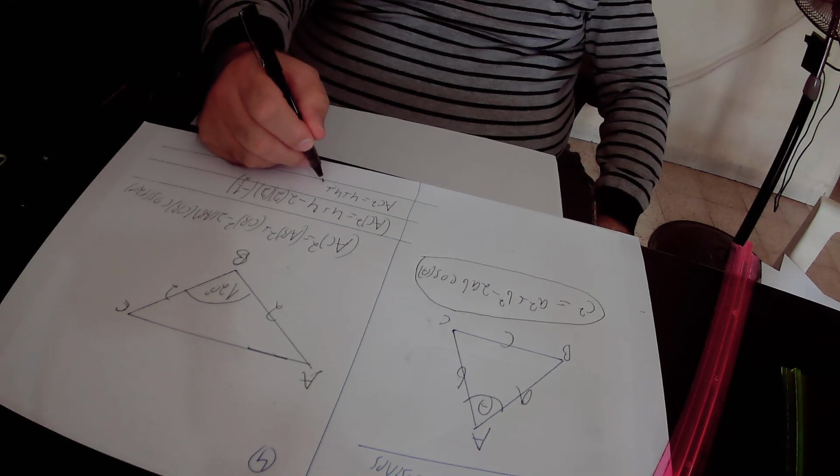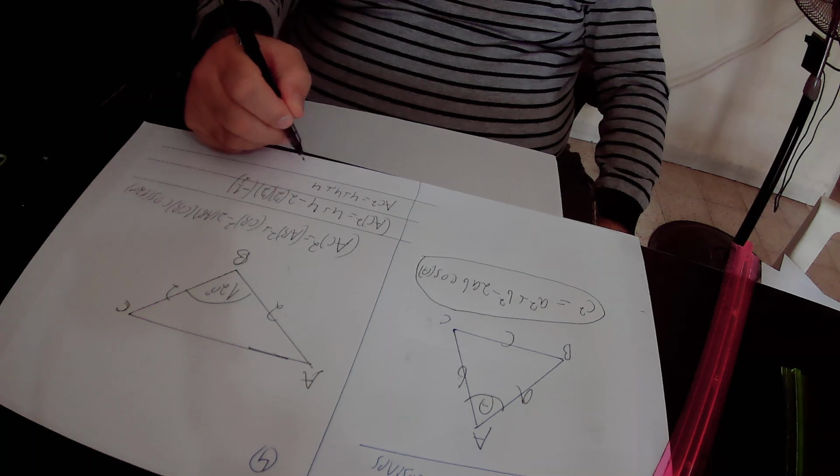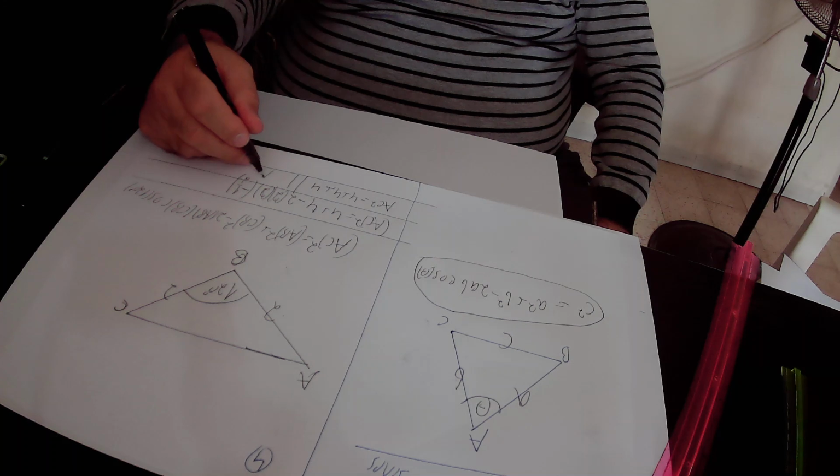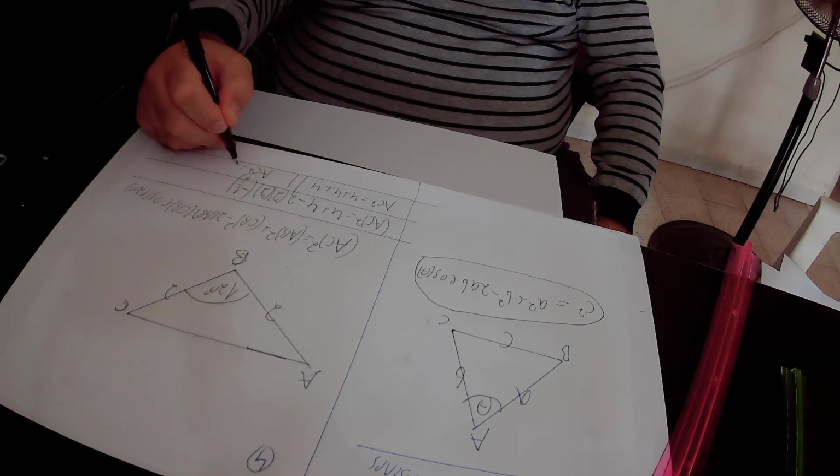So I found out that AC square equals to 4 plus 4 plus 4, that is to say AC square equals to 12.